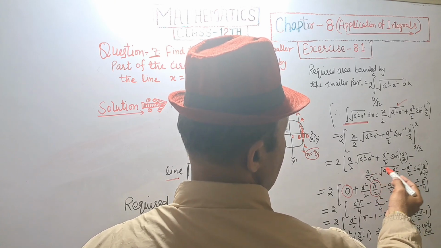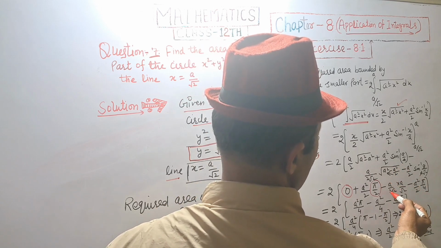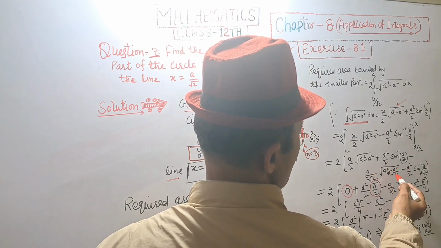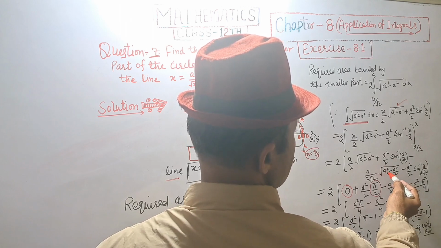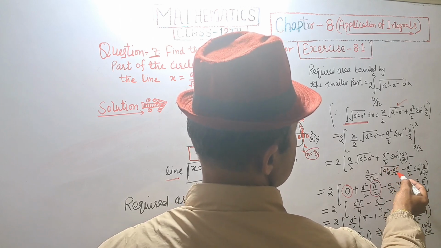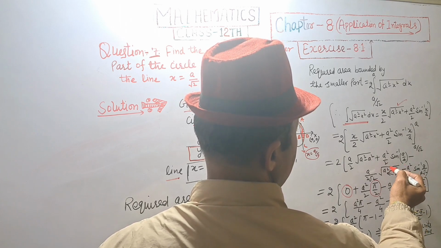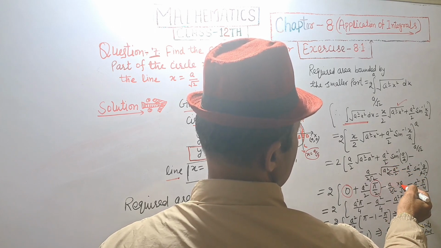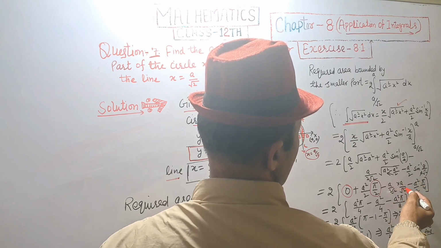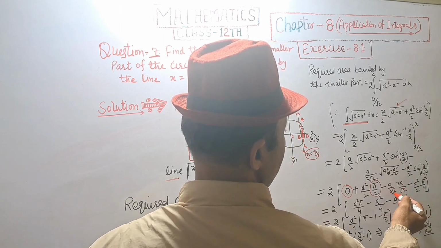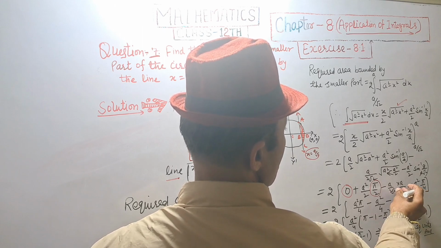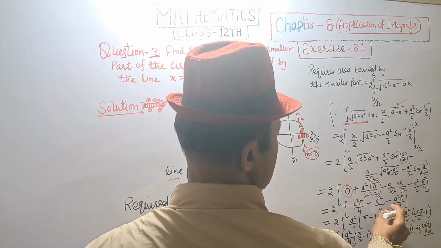minus a upon 2 root 2 into 2 into a square, that is 2a square minus a square is equal to a square upon root 2, and root a square, that will be a, and upon root 2 multiplied by root 2, that is equal to 2, and 2 multiplied by 2, that is 4.